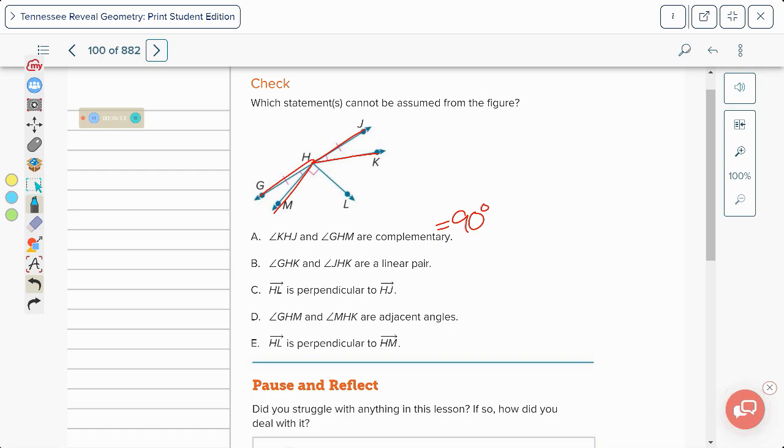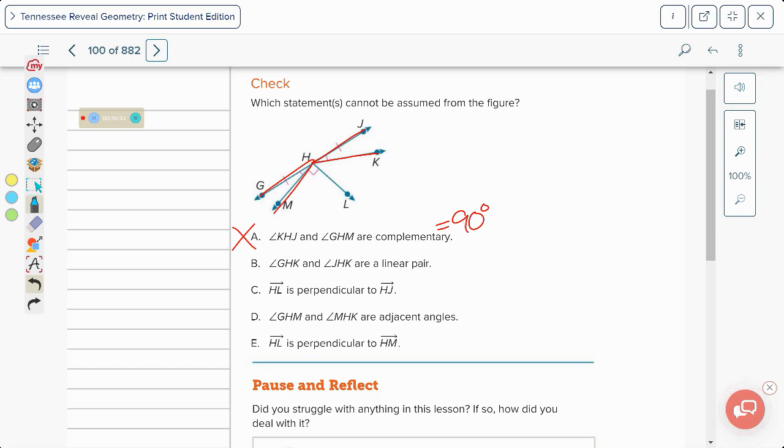Well, no, there's not. The only markings that we have are congruence marks. I know that angle KHJ and GHM are congruent. They are the same. But do we necessarily know if we add them, they will equal 90? No, we do not. Okay, so statement A cannot be assumed.